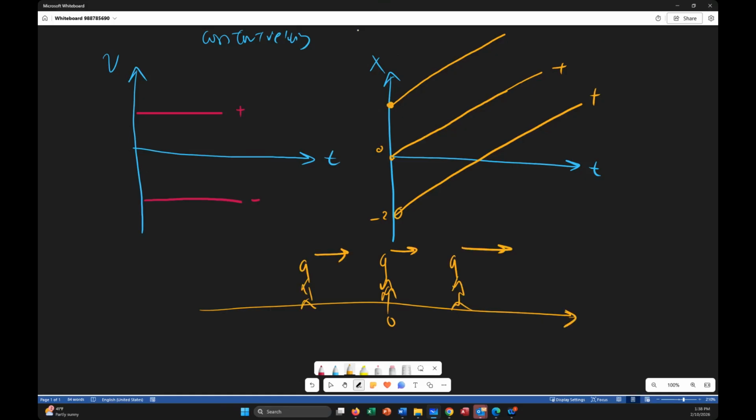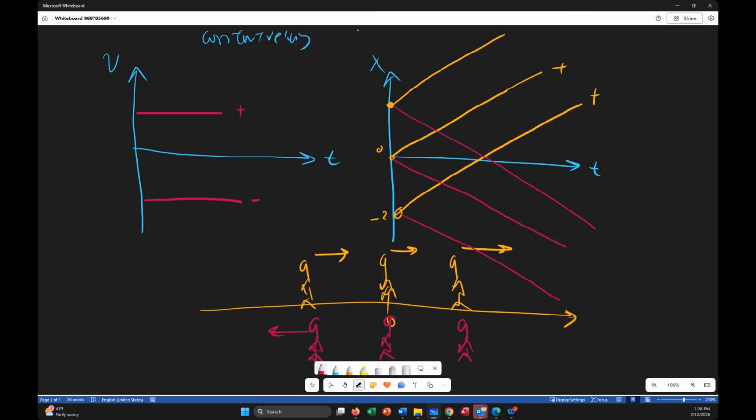So if the velocity is negative, it can be this one, or this one, or this one. Again, the same person. It can be from the origin, it can be a couple of meters away from the origin, or it can be a couple of meters behind the origin.